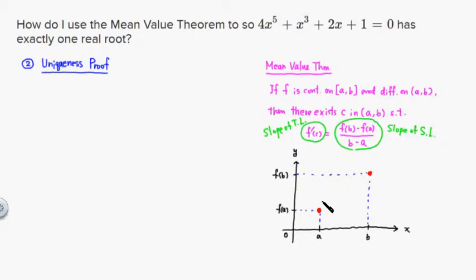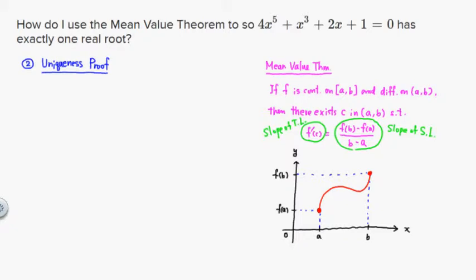I'll just sketch a smooth curve going from this point, no corners, just a smooth curve. The difference quotient here indicates the slope of the secant line connecting these two points.